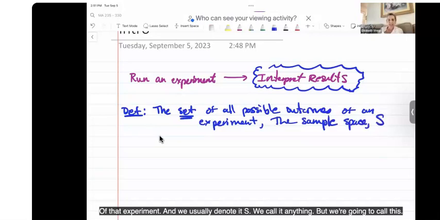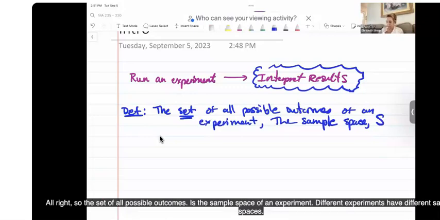We usually denote it S. You can call it anything, but we're going to call it S. So the set of all possible outcomes is the sample space of an experiment. Different experiments have different sample spaces.